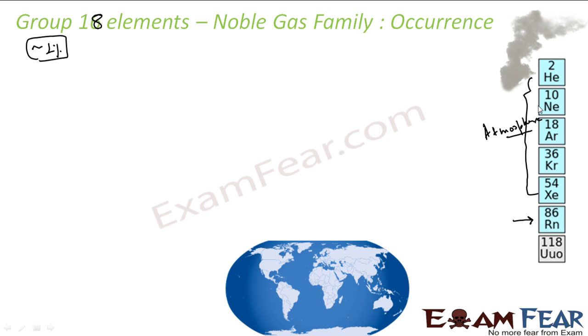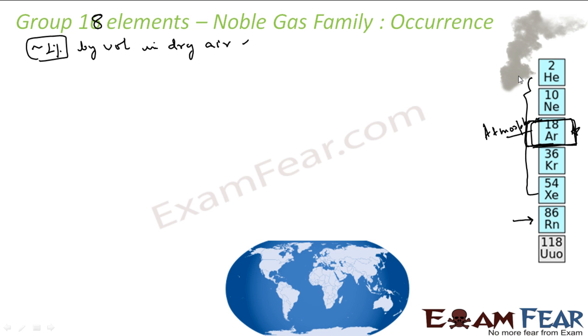So in dry atmospheric conditions, these gases constitute almost 1% by volume in dry air. And out of these, argon is the major constituent.